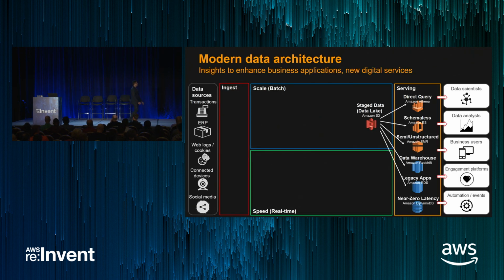Well, if you look at this picture, on the left-hand side, you have data from different ERP systems, weblogs, connected devices, social media, EMR systems, glucometers, sensory devices, IoT, and whatnot. And then you scale it. You put the data in one place, Amazon S3, ingest that, and then from there, either you can directly query the data using Amazon Athena, which is our query engine that you can use directly against S3, or you can scale it.